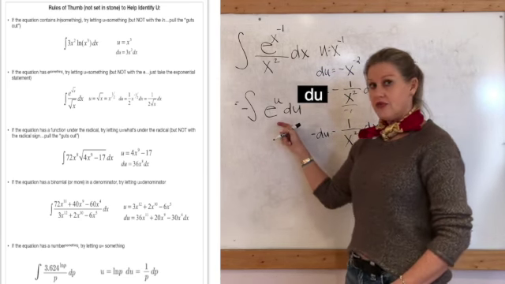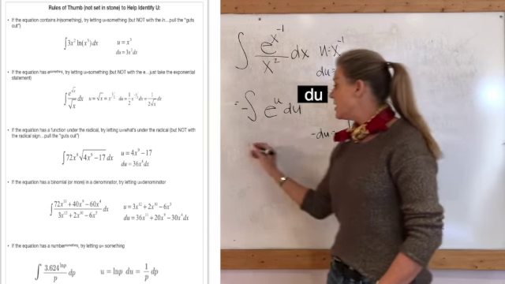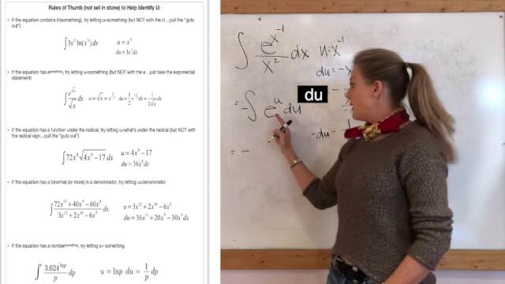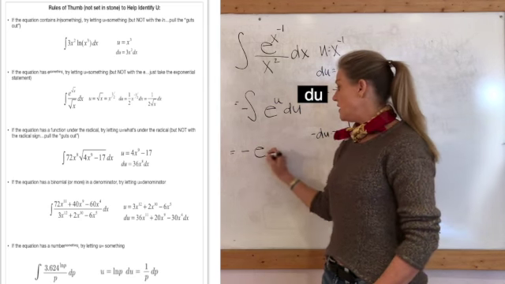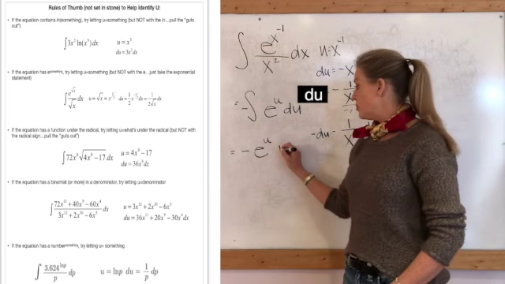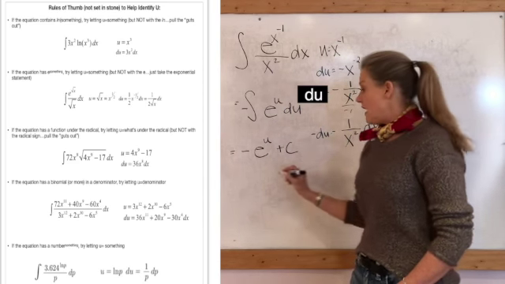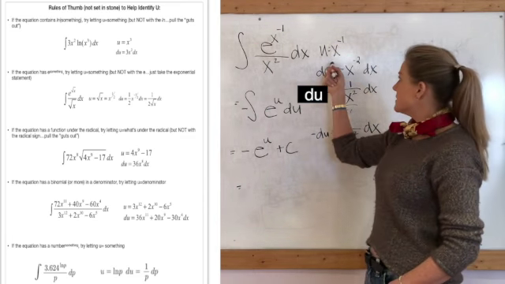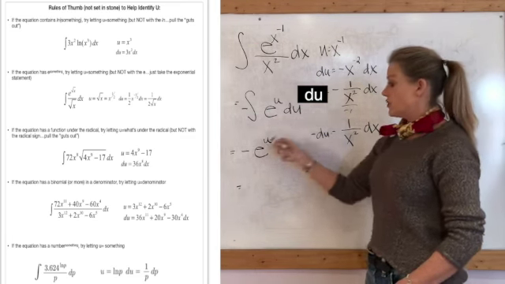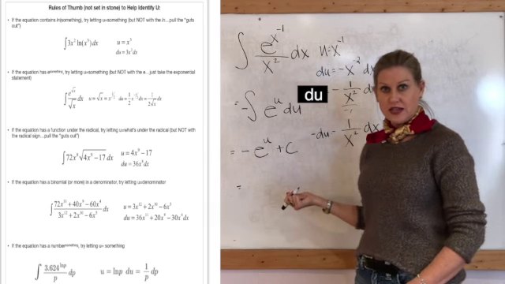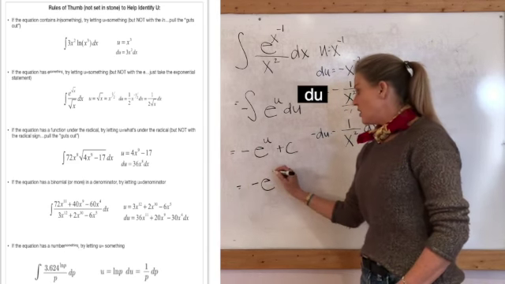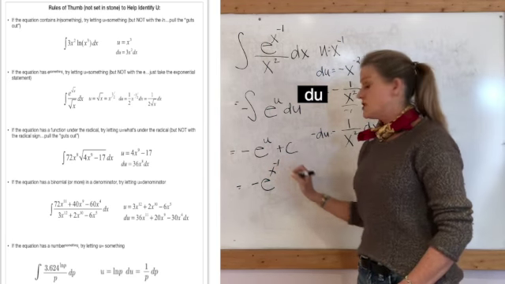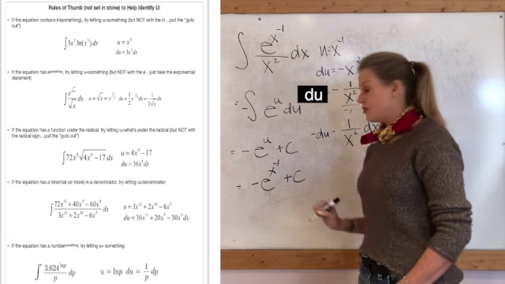And now I have that in the form that I can antiderive. So the negative comes along, it's a constant out in front. The antiderivative of e to the u is e to the u plus c. And then for our fifth step in U-Substitution, we resubstitute what u is really holding the place for back into the final answer. So my final answer would be negative e to the x to the negative 1 plus c.